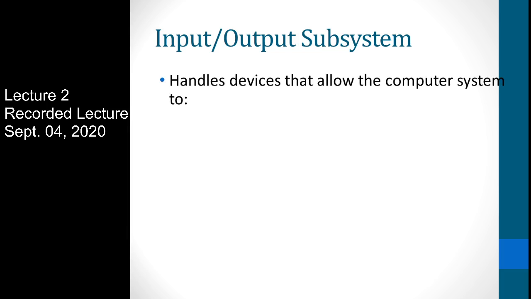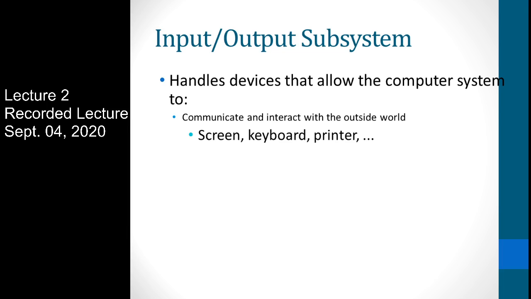Input-output subsystem, or we have the I/O, tinatawag natin. Handles devices that allow the computer system to communicate and interact with the outside world. Ayan. Ano ba yung outside world natin? Siyempre, yung mga hardwares natin. Screen, keyboard, printer. When we talk about the I/O, kagaya sinabi ko sa inyo kanina, we talk about generally all the input-output hardwares.